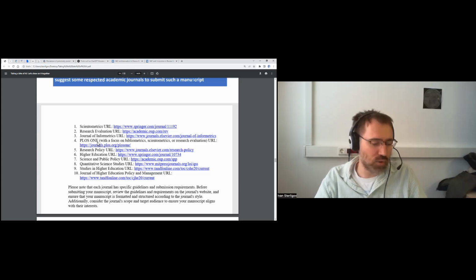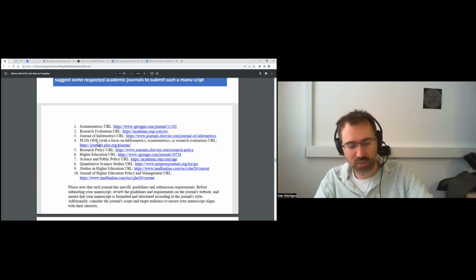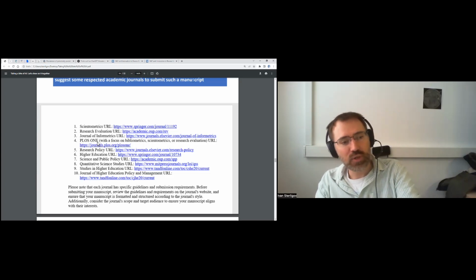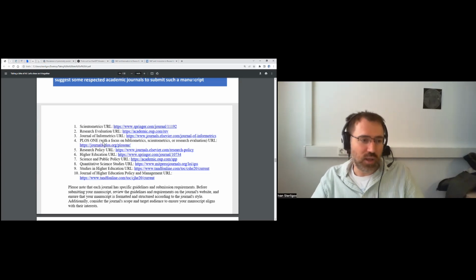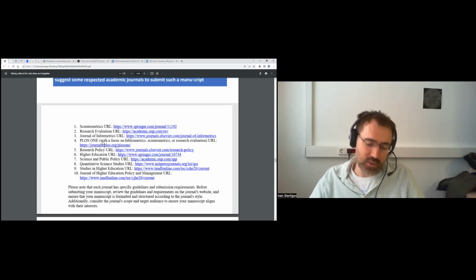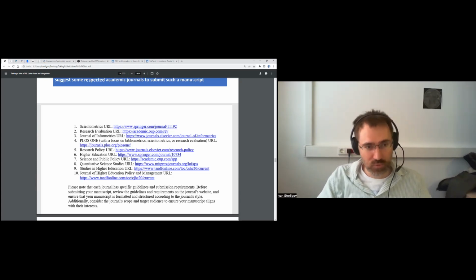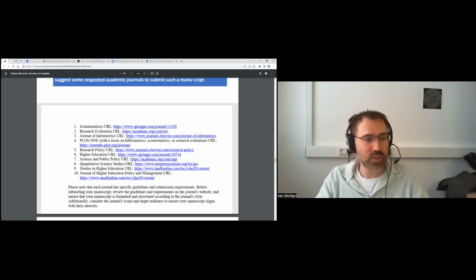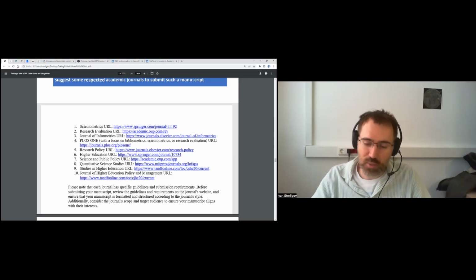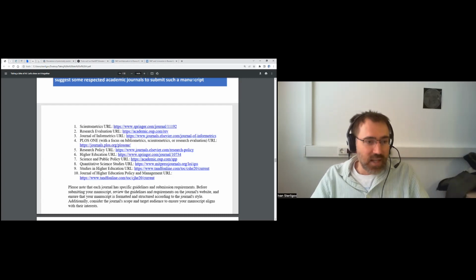It's also in many other areas. It's a mega journal, an open access mega journal, but it is acknowledged here that we said it. ChatGPT suggests PLOS ONE, but with a focus on bibliometrics, scientometrics, and research evaluation. It's a subsection of PLOS ONE.